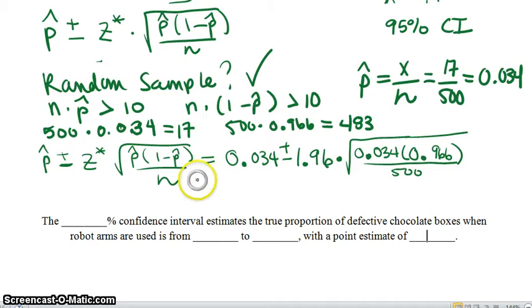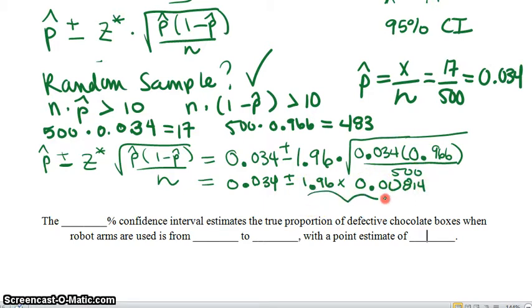So here we have 0.034 plus or minus 1.96 times this equation, which comes out to be our standard error. If we multiply this out, it comes out to a value of 0.00814.